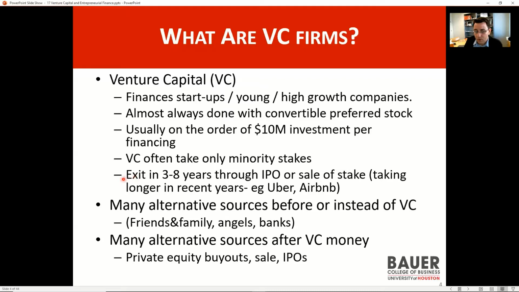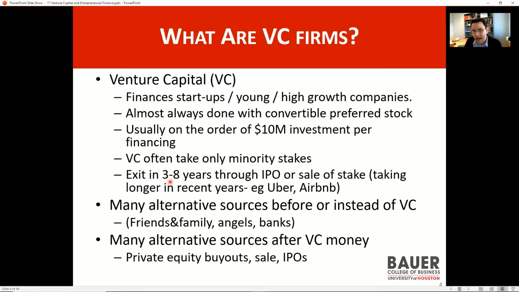VCs will also try to exit within 3 to 8 years. The ideal situation is through an IPO. You take a company starting in a guy's garage, you take it to the NASDAQ, and you sell a bunch of shares on the NASDAQ and make a lot of money that way. Or you could sell the stake. If the VC owns 25% of the company, down the line, that company could get acquired, and the acquirer would buy out the VC stake.